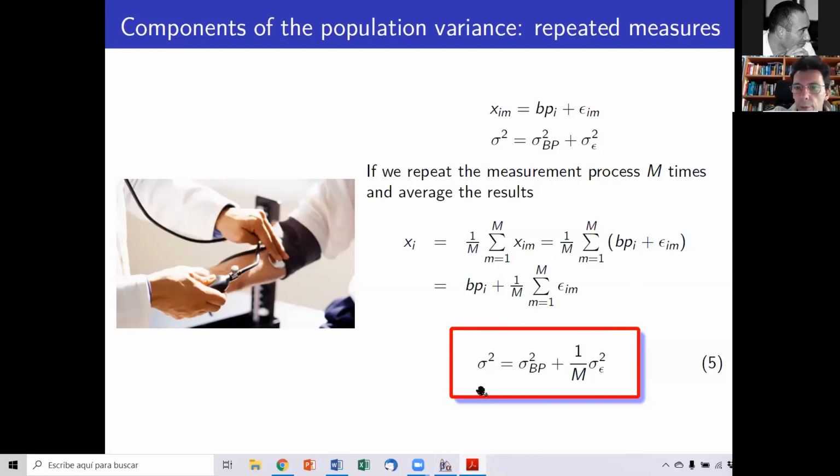So the variability of my new measurements, that are the averages, is the variability between people plus the variability of my observations, but now divided by the number of observations, by the number of times I compute the average. So I can reduce actually the variability of my observations.